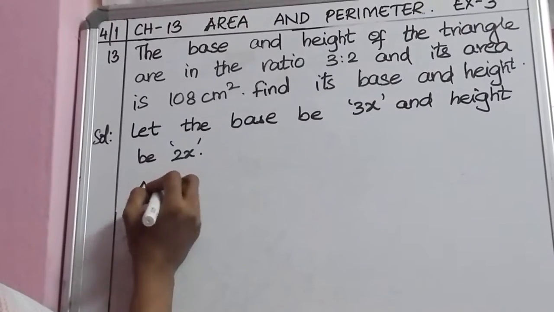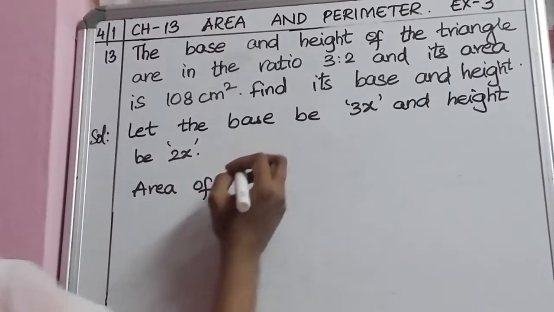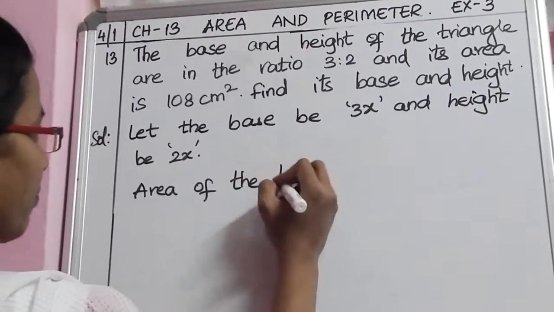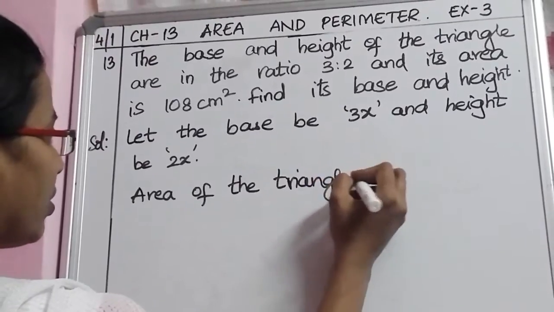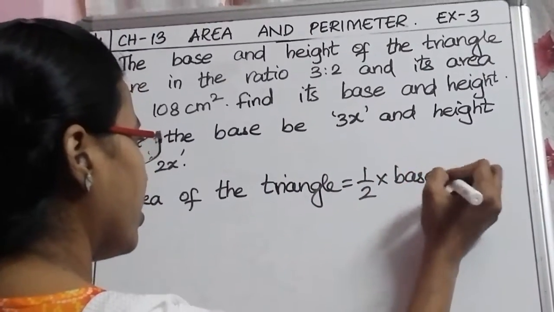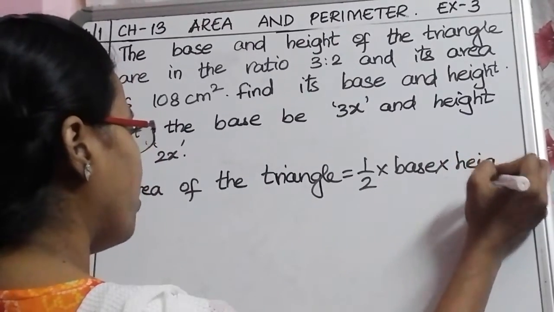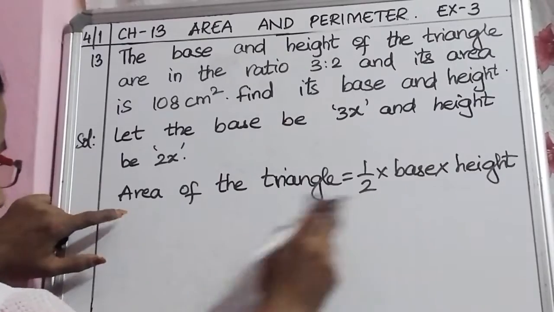Now area of the triangle is equal to half base into height. This is a formula. Now let us substitute the values.